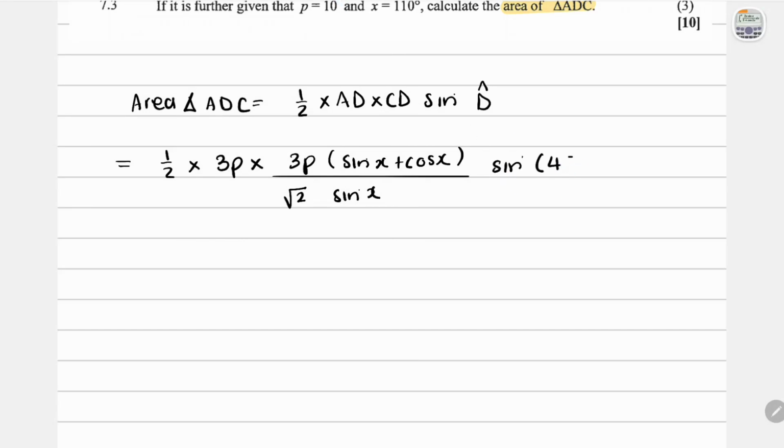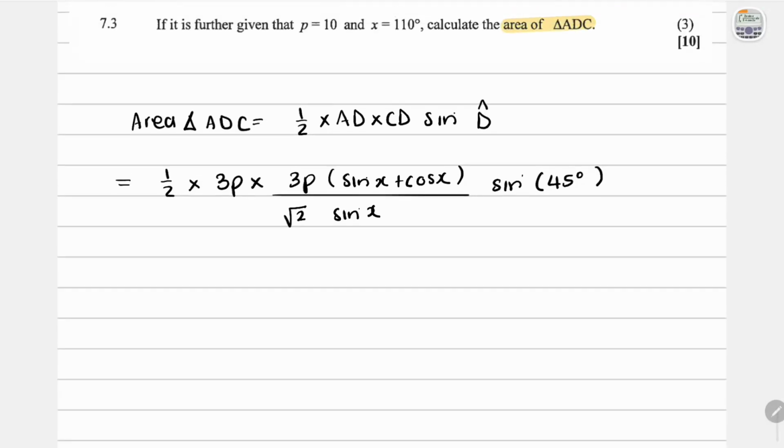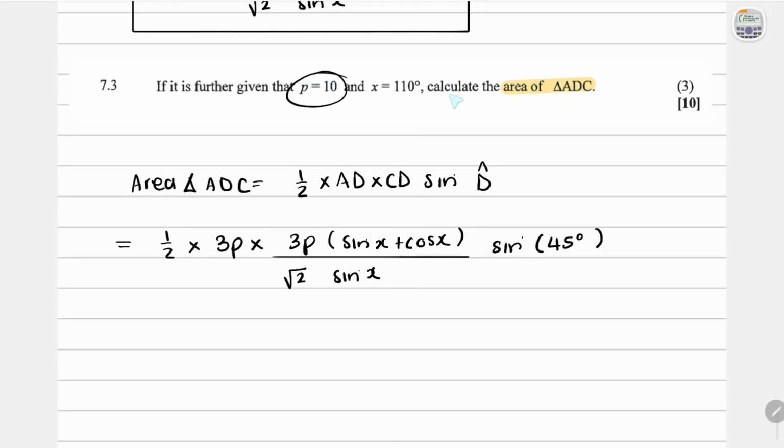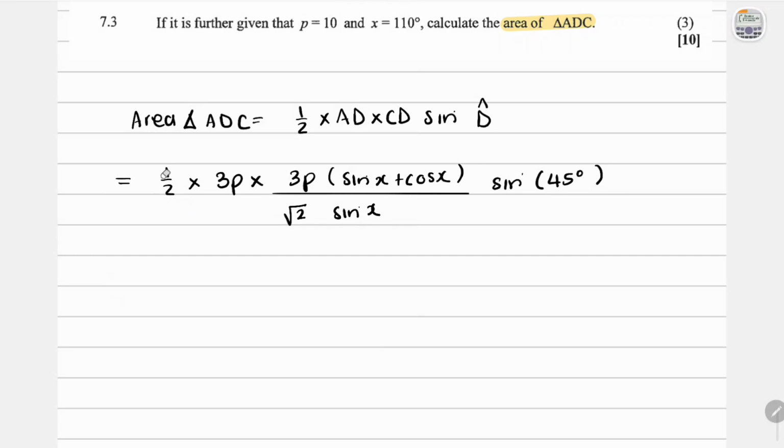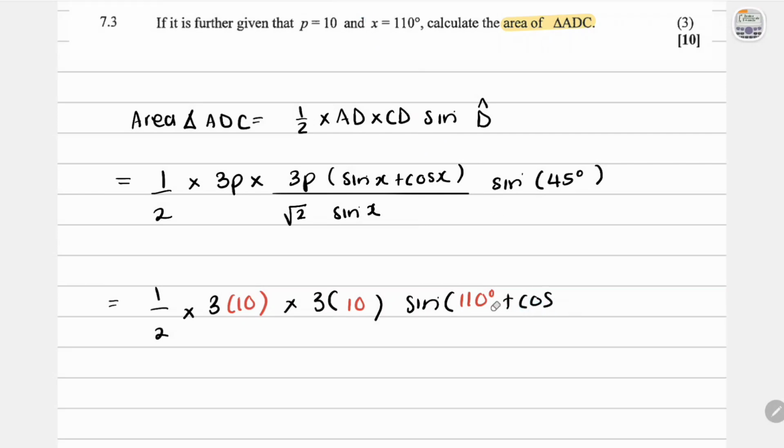So sine 45 degrees. And they told us that p is equal to 10 and x is equal to 110 degrees. So just substitute. So this is a half. I'll just leave it like that. So a half multiplied by 3p. So that's 10 times 3. You see, it's just substituting at this point. And then sine of 110 degrees plus cos 110 degrees.